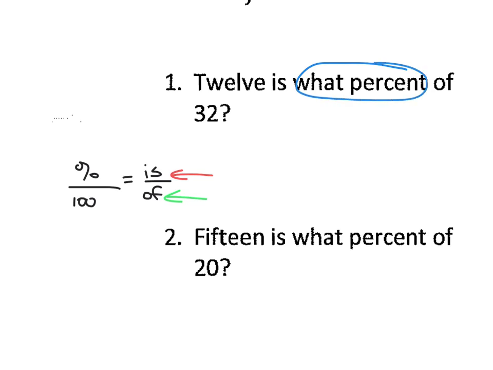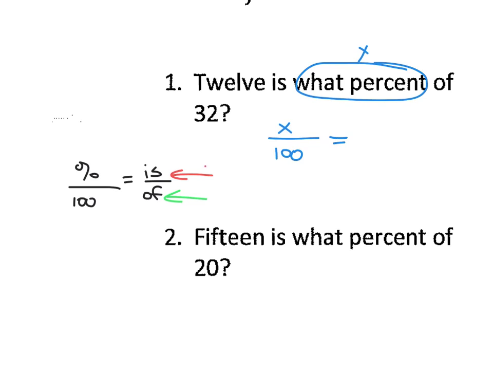Number 1, 12 is what percent of 32? So go ahead and circle what we're looking for, call that X. What we are searching for is our percent. So remember our formula, percent out of 100 equals is over of. That is what is going to help guide us in figuring out what goes where. So X is our percent that we don't know, and that's out of 100 because a percent is always out of 100. Now we have to figure out what goes on the numerator, what goes on the denominator.